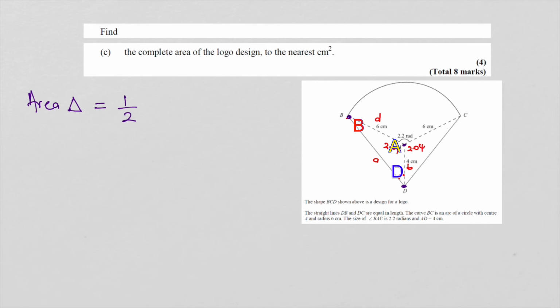So to find the area, we're using that angle A and the two sides attached to angle A, which is half BD sine A. Well, AB is 4 times AD is 6 times sine 2.04.